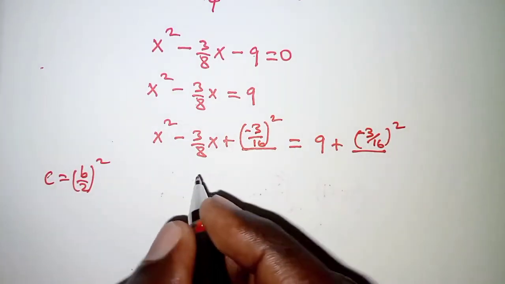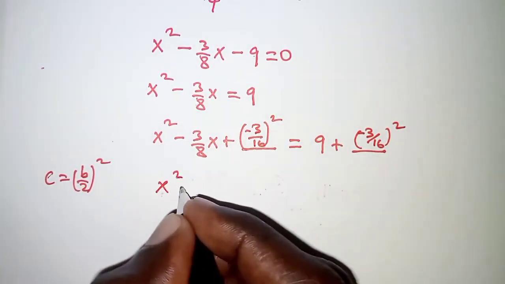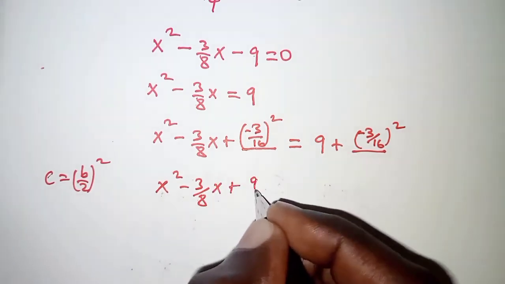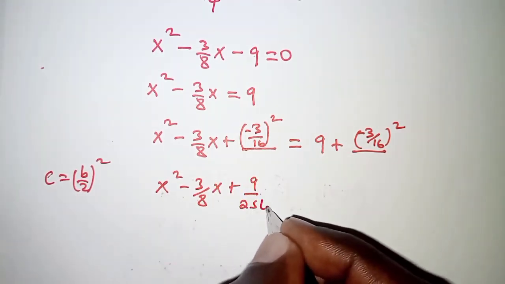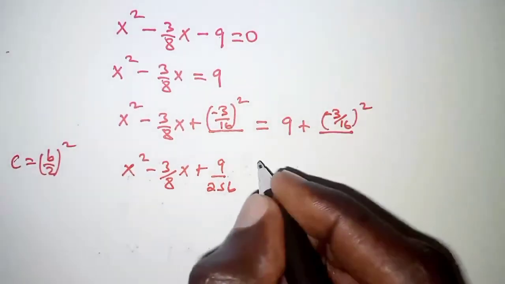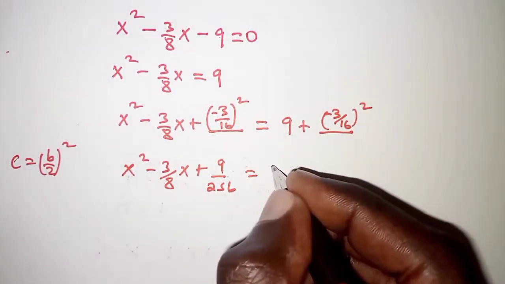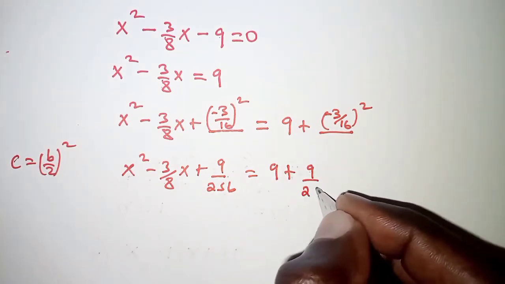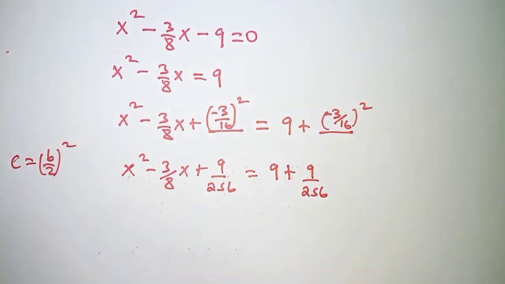Now the left hand side becomes x squared minus 3 over 8x plus 9 over 256, and the right hand side will be 9 plus 9 over 256.